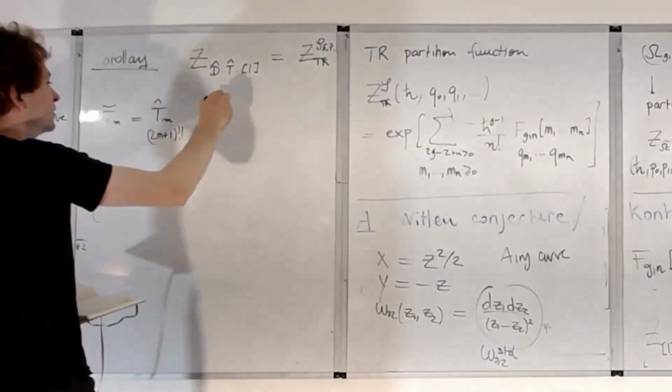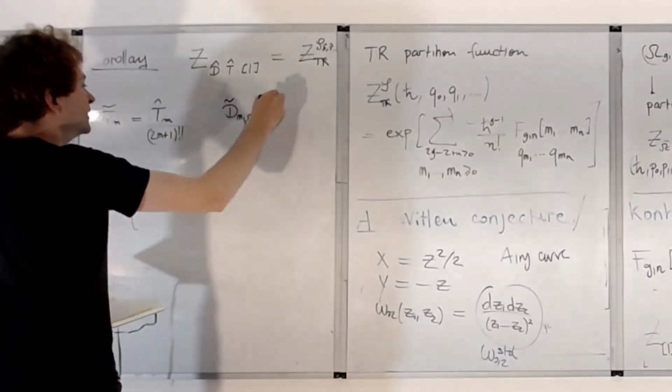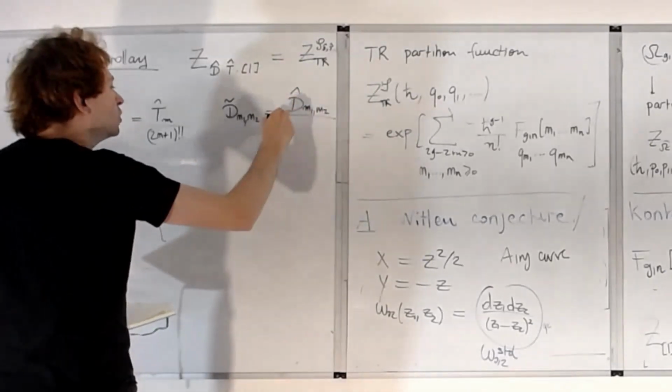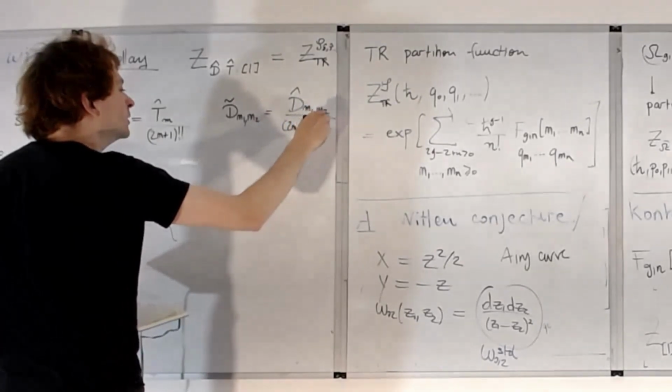And this is going to be the same for d tilde. This is d hat m1 m2 over (2m1+1)!! (2m2+1)!!.